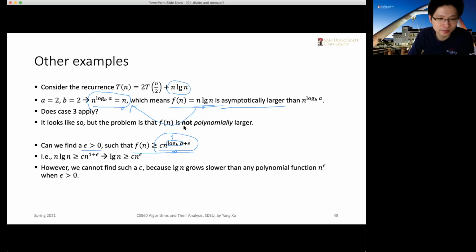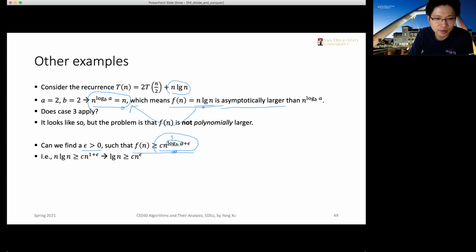Actually, no. Because this inequality requires that if we substitute the form of f of n into it, we will have n times logarithm of n greater than or equal to c times n to the power of 1 plus epsilon.